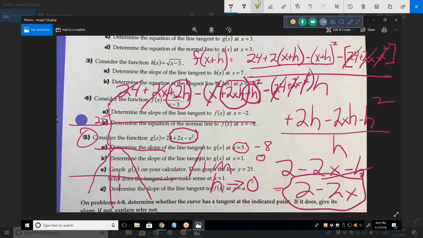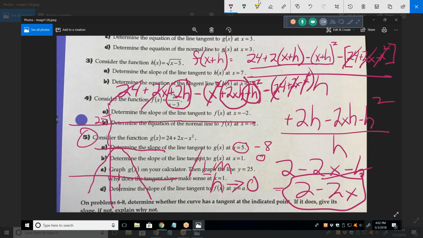It'd be 24 plus 50. Oh, no, we don't know what x is. So I'm not sure why they ask you to graph the line y equals 25, other than the line y equals 25 also has a slope of 0. It's a horizontal line. Oh, so that's probably why they want you to do that.